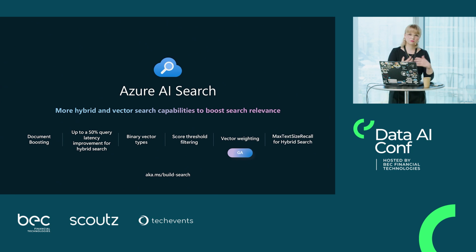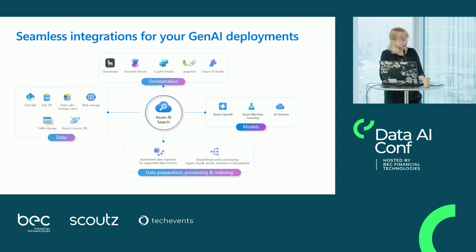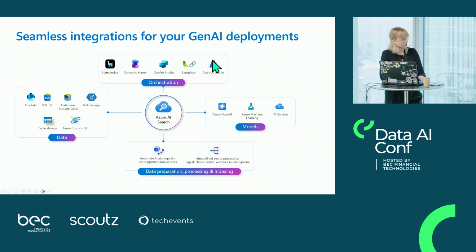So for example, another very popular vector database is Pinecone. Azure AI Search can serve you with that. And Azure AI Search can be integrated basically with whatever. And there are very good integrations with other studios, like, for example, Azure AI Studio.